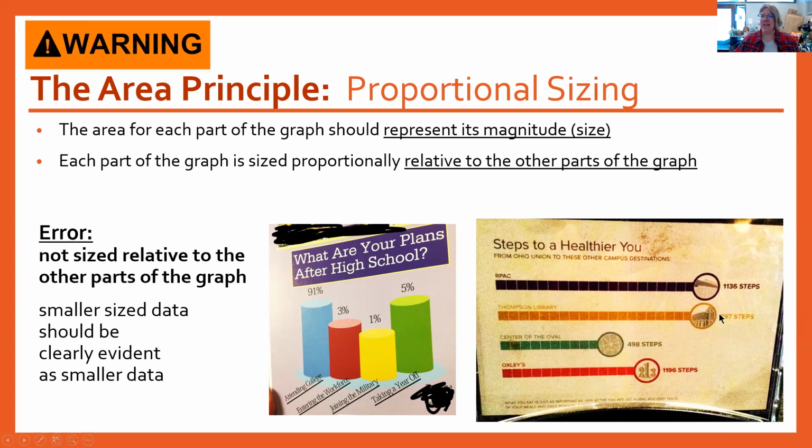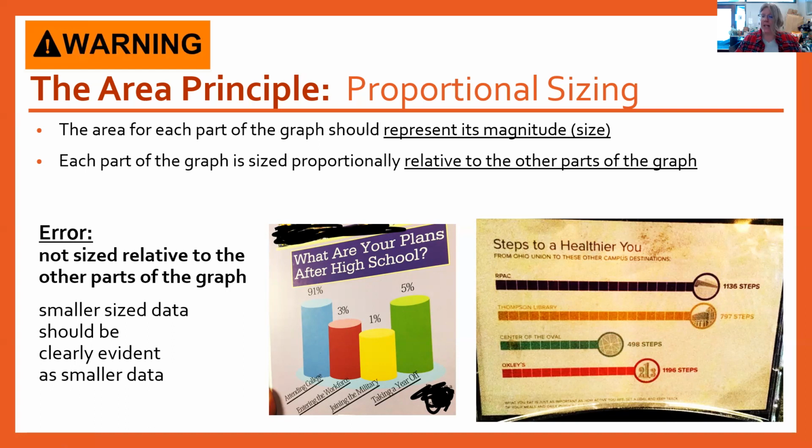So that seems a little bit off. I would have expected that bar to be shorter. Well, let's keep looking. The third one, center of the oval, in that green color, says 498 steps. So it's about half of the distance of the other two, number-wise. And it looks like the bar itself is about half of that distance.